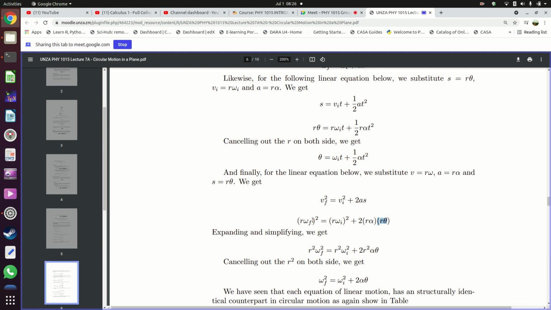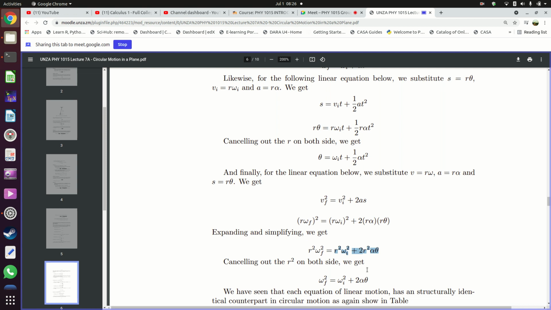When we square and expand this whole thing, we end up with r squared omega f squared equals r squared omega i squared plus 2 r squared alpha theta. There is an r squared on this side, here, and here, so you can factor out the r squared and eventually cancel it from the left and the right.